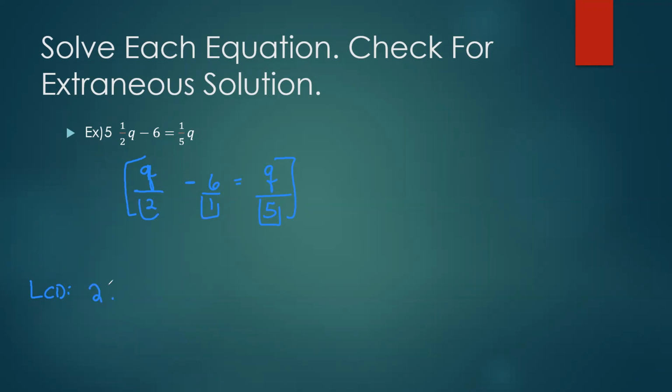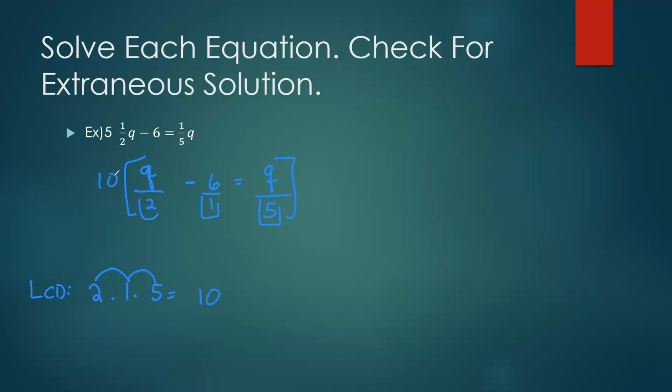No, bring that down. And then the base of 5, do you see it anywhere else on the bottom? I don't. Let's bring that down. If you see a repeating base, just pick the one with the highest power. So our LCD is 2 times 1 times 5, that's 10.